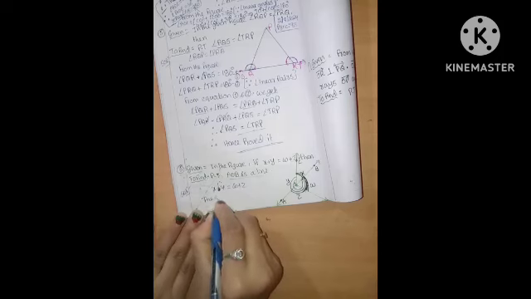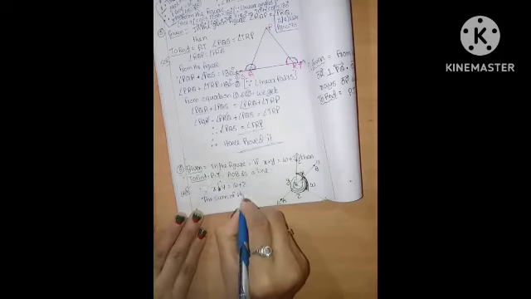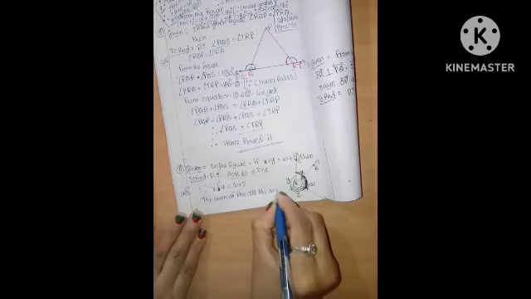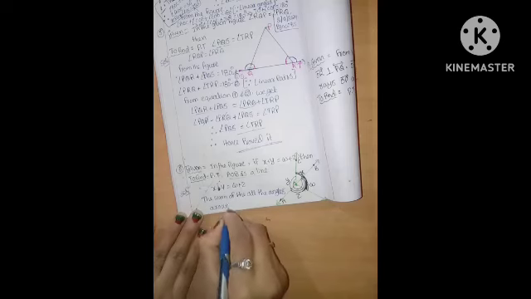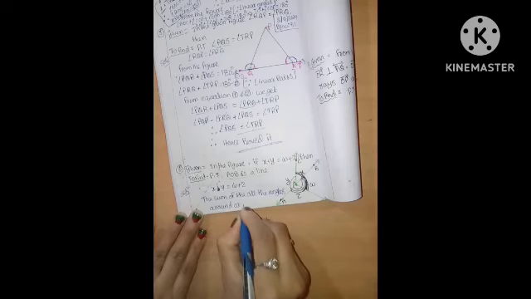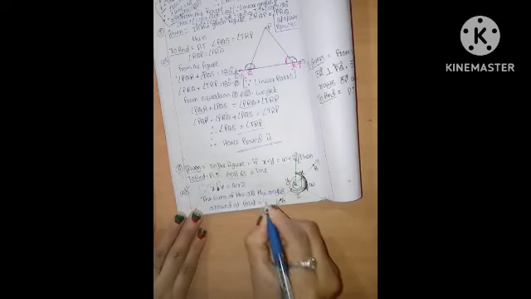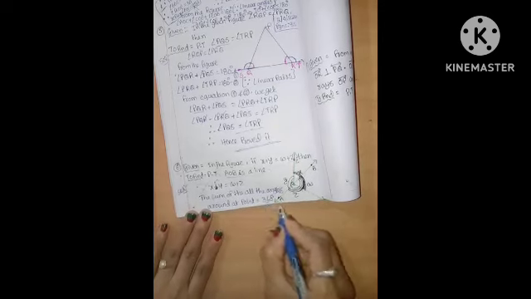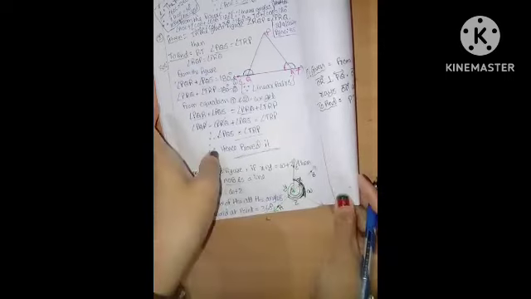The sum of all the angles around a point is equal to 360 degrees, using the angles around a point.